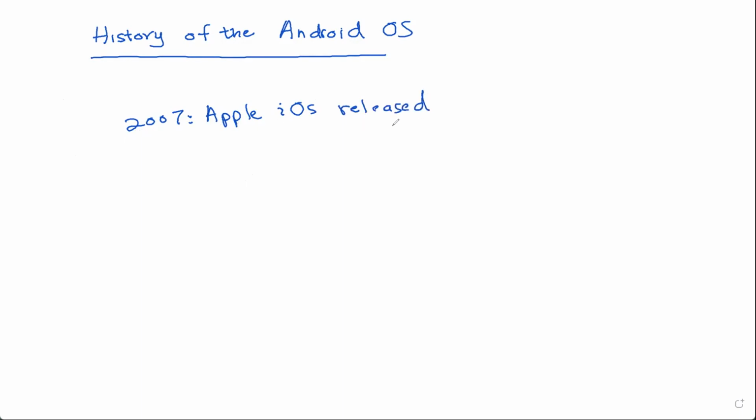Apple iOS was released, and during that time, Android was also ready to be released, but they did not release it, mainly because they were afraid that their products would not sell.